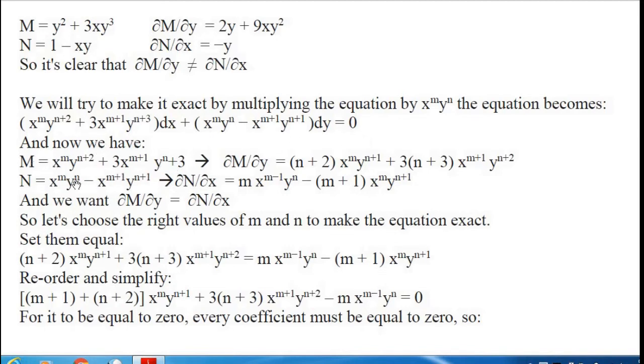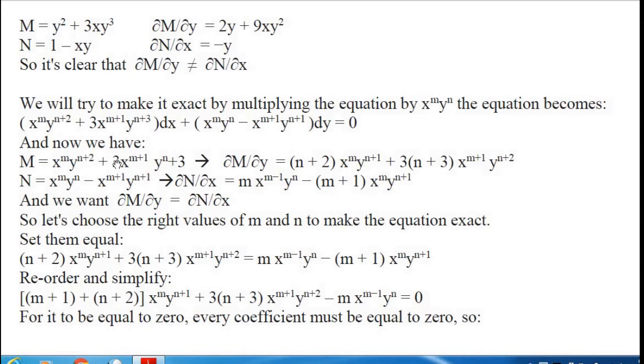See, this is M and N is this quantity. So what is ∂M/∂y?